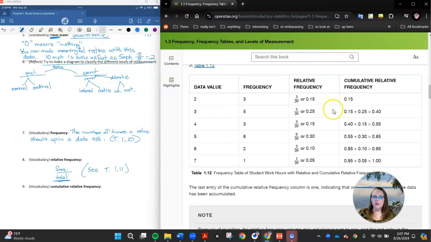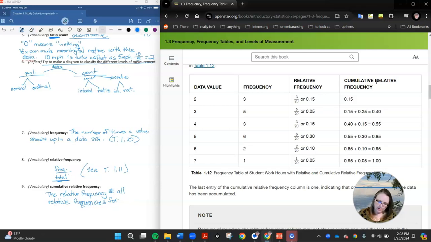Then we have cumulative relative frequency. This is the relative frequency plus all relative frequencies for lower values, or actually we'll say higher values in the table, because it's the way it shows up in the table.